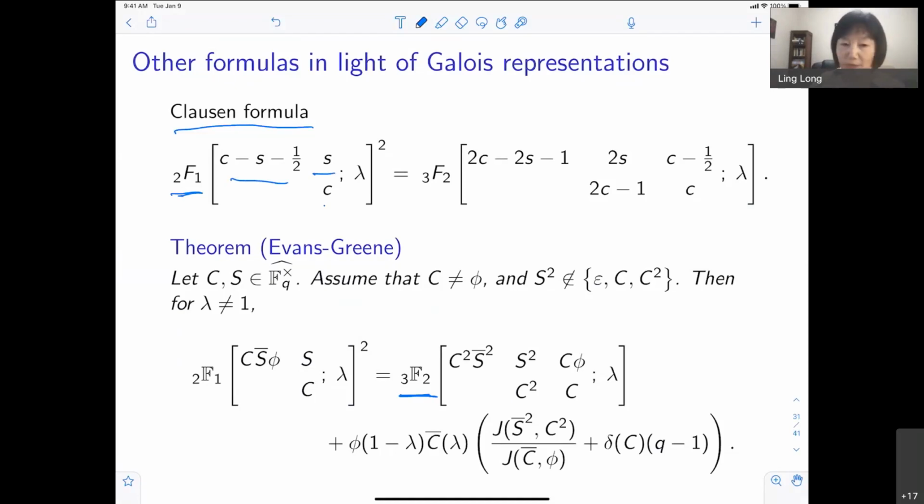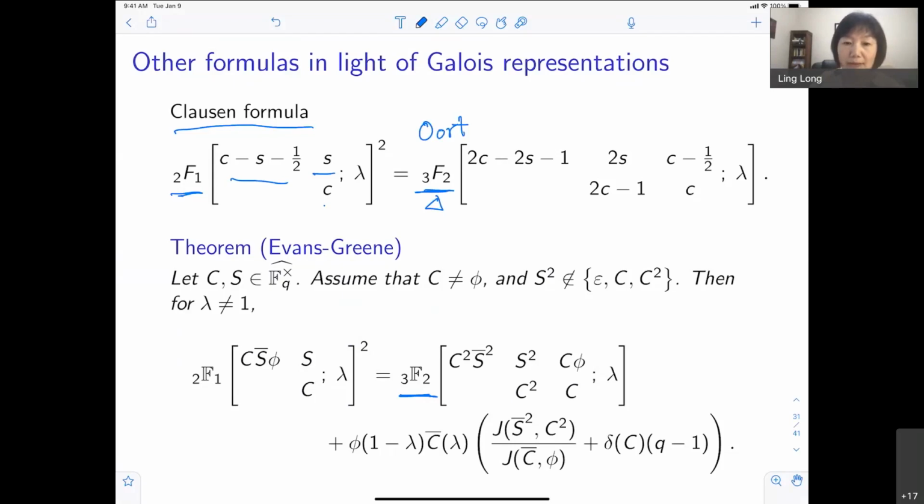So it's one of the formulations for Clausen. Then if you square this 2F1 function, you will get a 3F2. So it's one of the very rare formulas where doing a square or product of 2F1 hypergeometric functions gets you to a 3F2. In general, this will not happen too often.